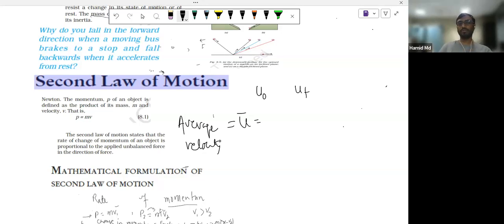So what is average speed for this situation? Average speed is total distance by total time. In our situation, an object has initial velocity u naught and final velocity u final. For this case, what will be the average velocity?